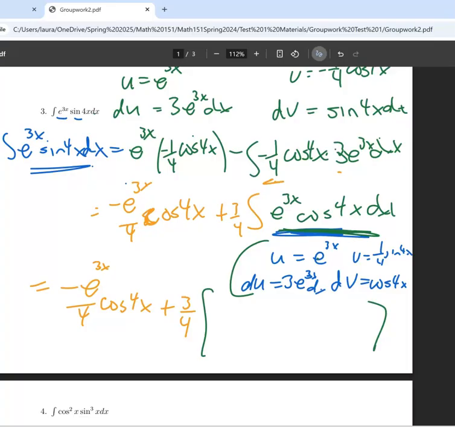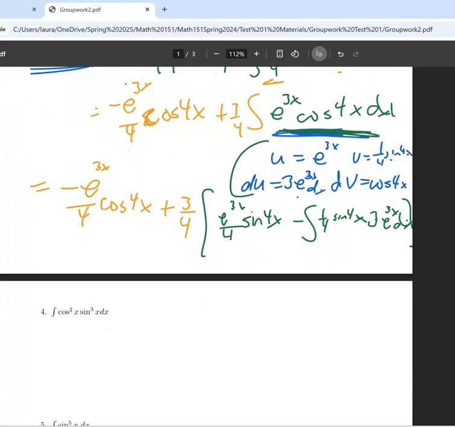So I'd have uv, so e to the 3x over 4 sine of 4x minus the integral of v du, minus 1/4 sine of 4x. Oops, let's get rid of this parentheses. It's too close. Minus, and then du, so 3e to the 3x dx.